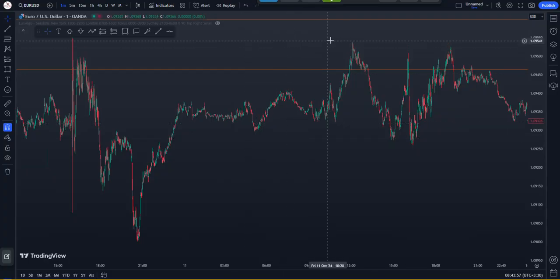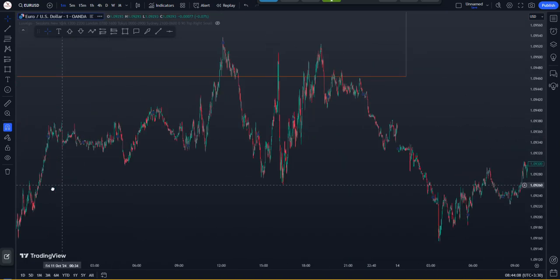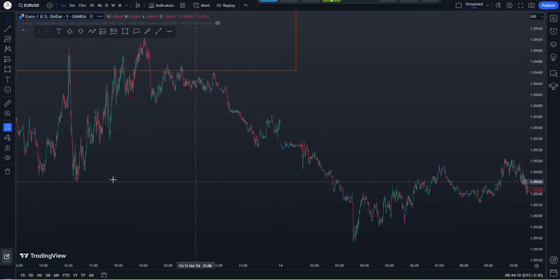Actually, this one is going to there after price reaches somewhere here, back to that level, goes down after price is going out from there. Actually back to here and then goes down.